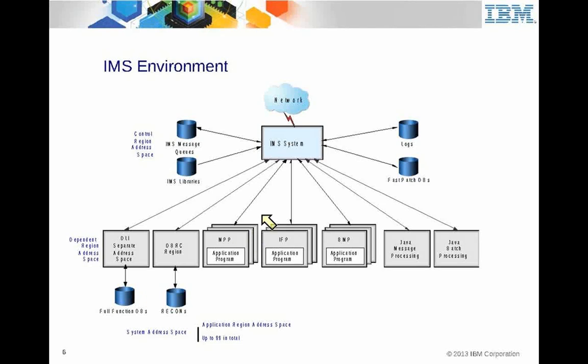You can have many transaction processing regions, and you can open those up. Then you can have different things for working with things like databases. There's Java interfaces. But anyway, this environment, to set it up and to manage it, can take significantly more work than DB2. And it's not very flexible, but it is very fast.